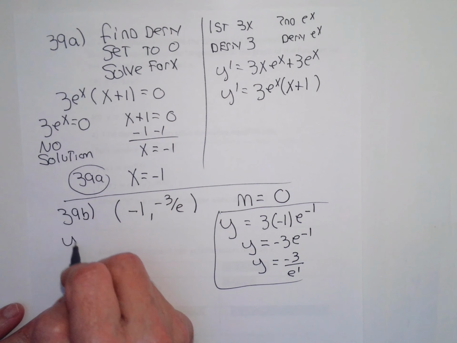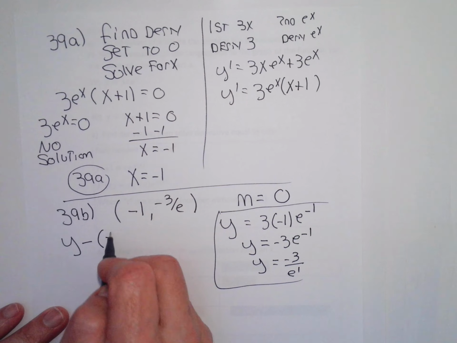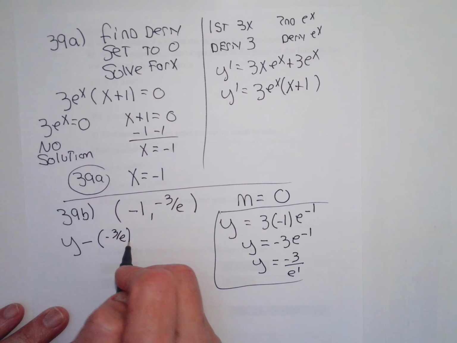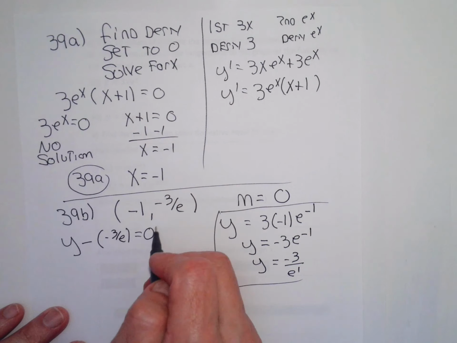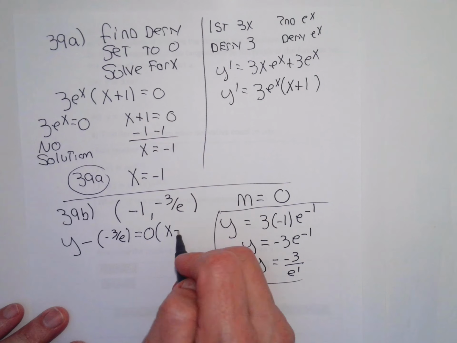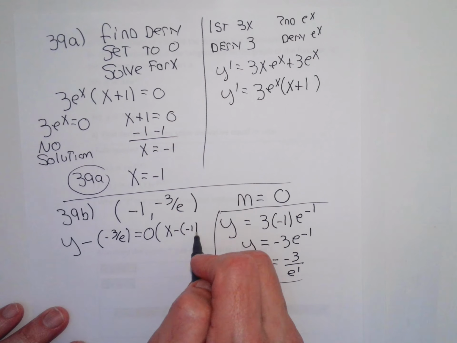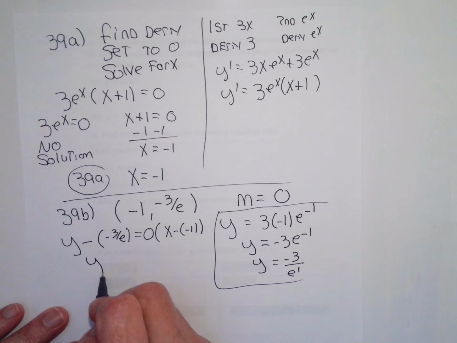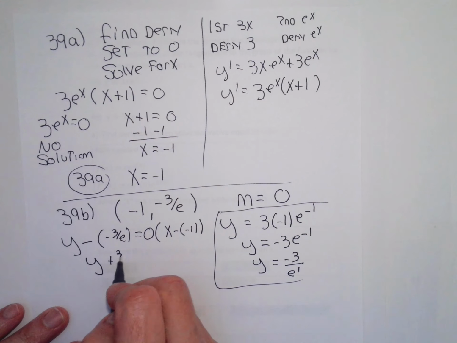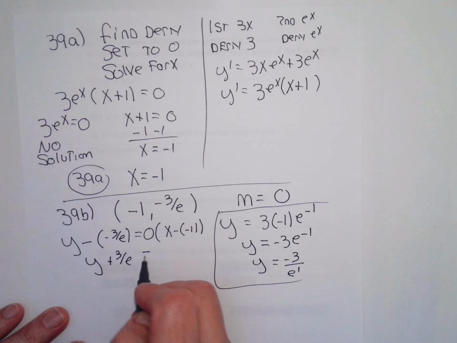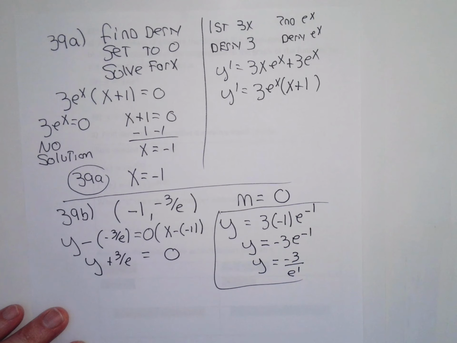Now I do y minus the y coordinate equals the slope. Horizontal lines have a slope of 0 times x minus the x coordinate. The left-hand side, the double negative, I could make positive. And the right-hand side, 0 times anything is 0.